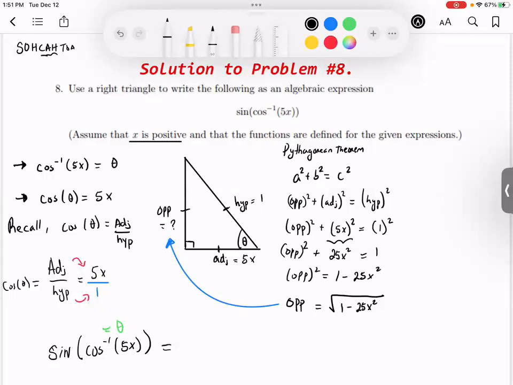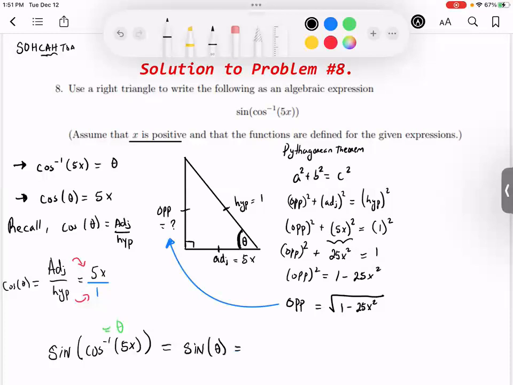If you want sine of theta, all you have to do is use the right triangle, because the three sides are all labeled with respect to your angle theta.